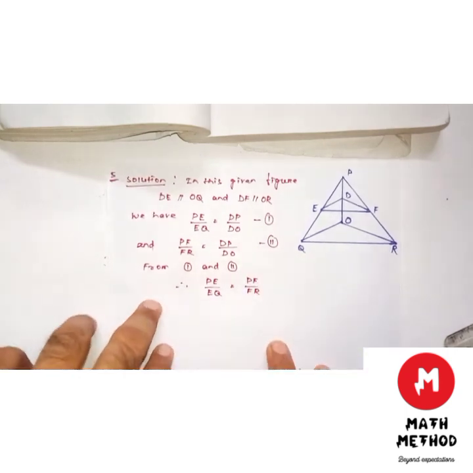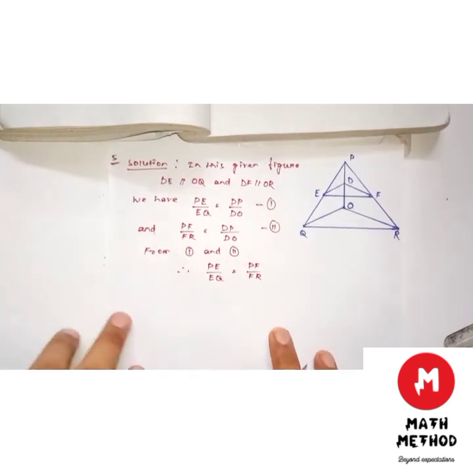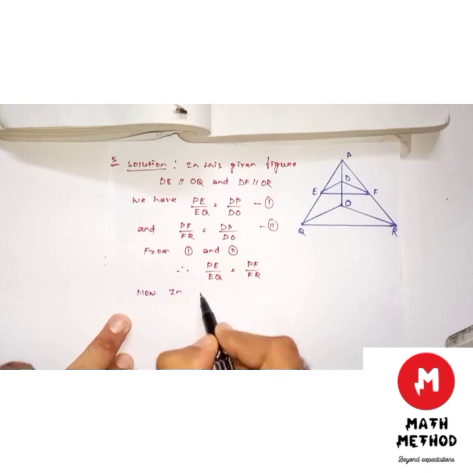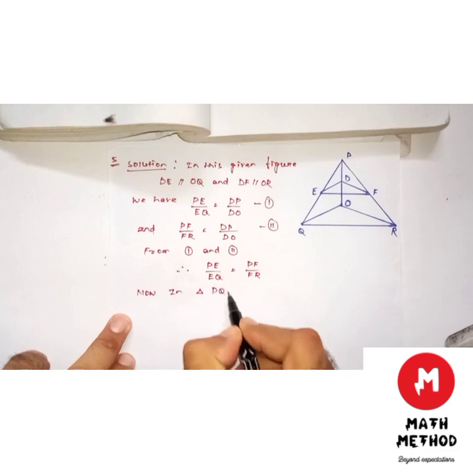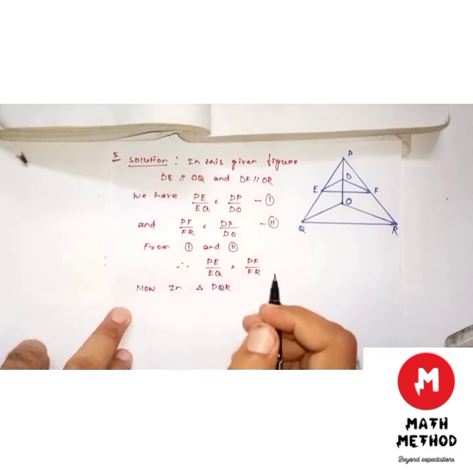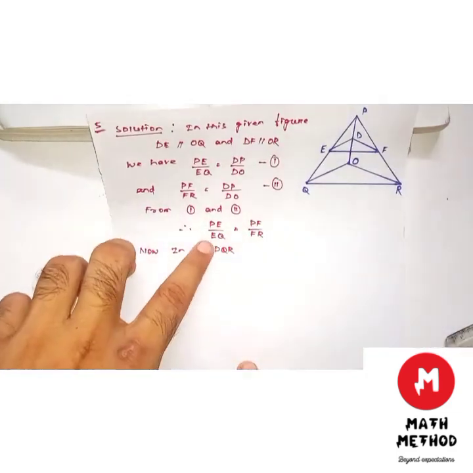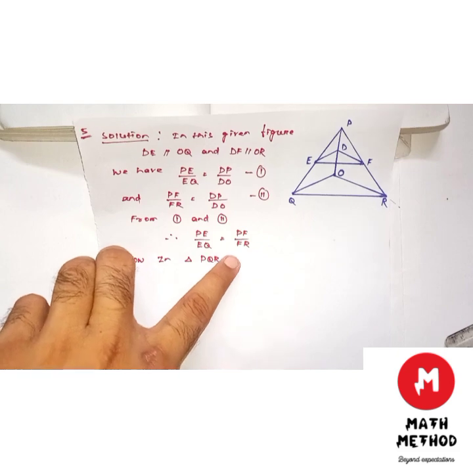Now we found that PE upon EQ is equal to PF upon FR.